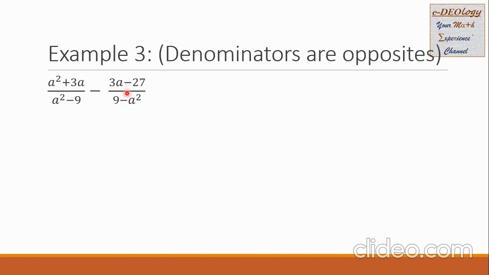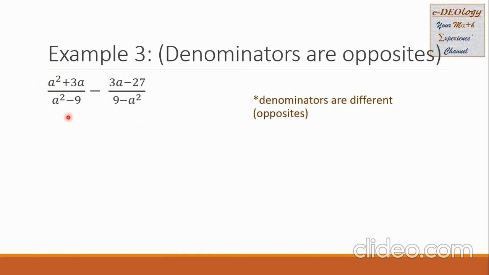Let us have example 3. We have here two rational expressions. The first is a squared plus 3a all over a squared minus 9, then minus the second rational expression, 3a minus 27 over 9 minus a squared.